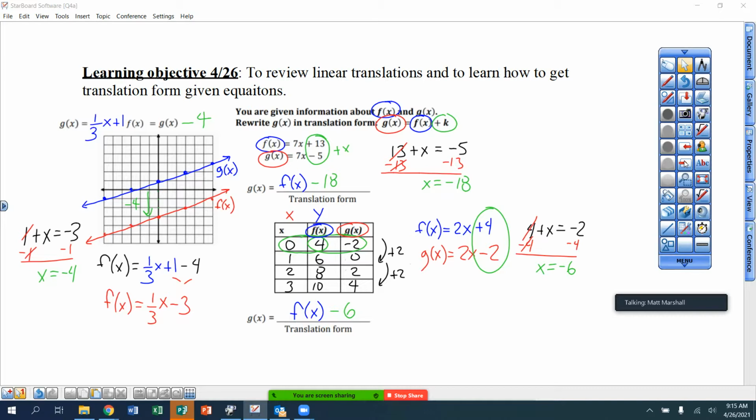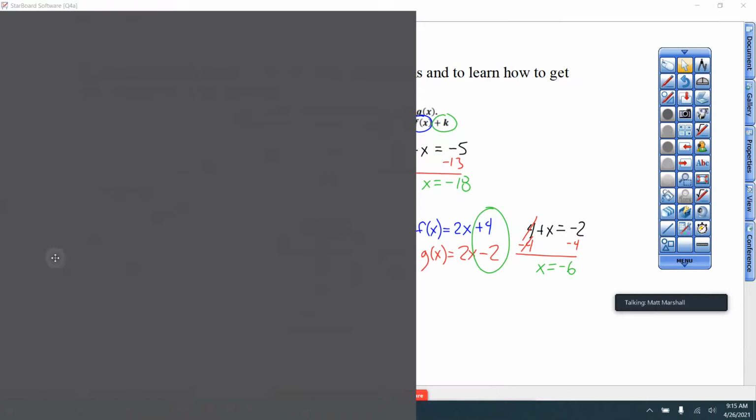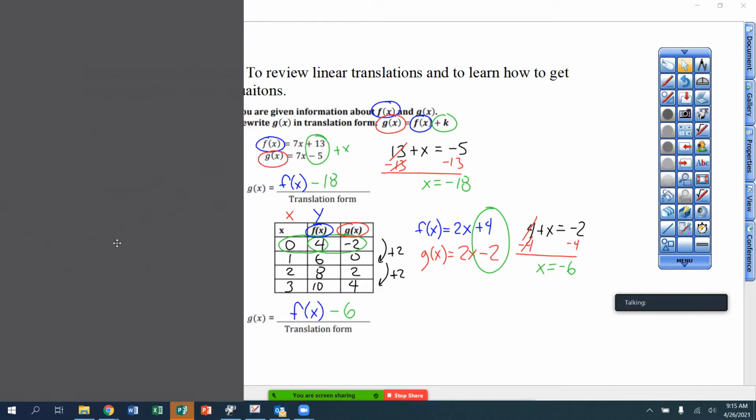Because if I'm going, just looking at this without any graphs, from 13 to -5, that's really a net change of going down the y-axis 18 boxes. Same slope though. But again, what they're trying to do is have you write the real transformation equation right there based on the original and the new one.